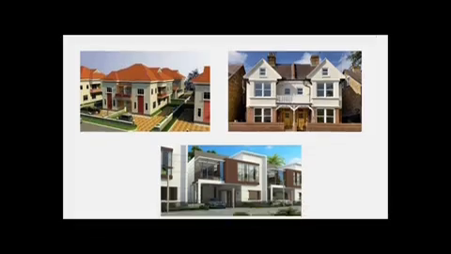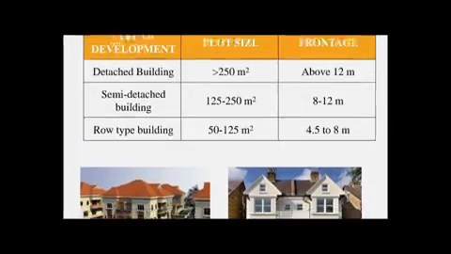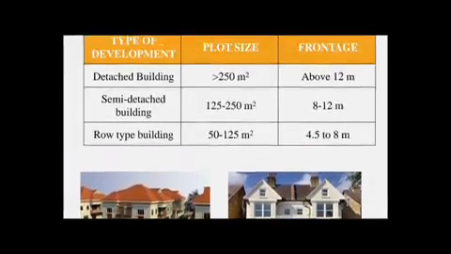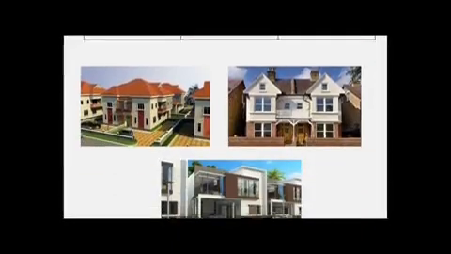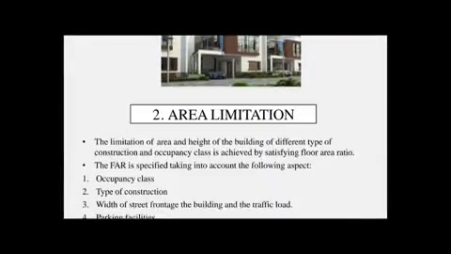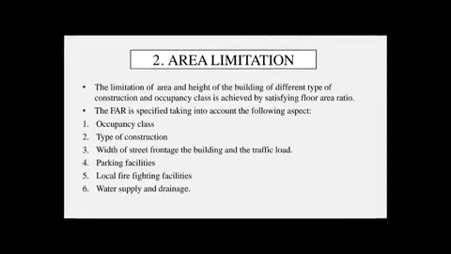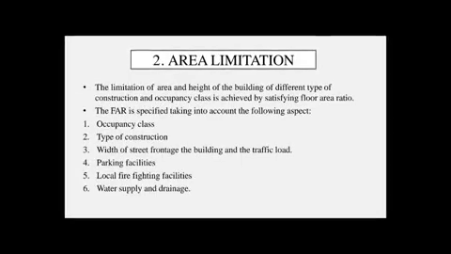Here are some types of development, that is the detached building, row type of building, semi-detached building. So here are some area limitations. Height of a building of a different type of construction and occupancy class is achieved by satisfying floor area ratio.